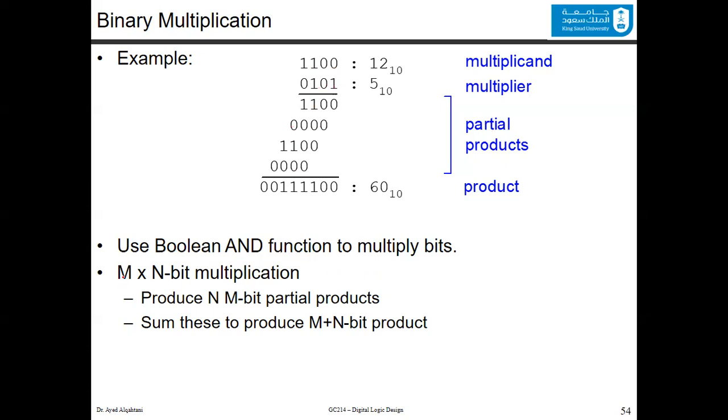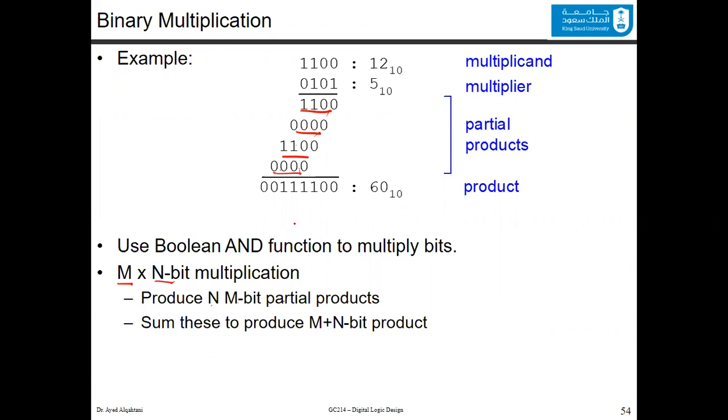Now, you should notice that if you have an m-bit number multiplied by an n-bit number, you produce n partial products, each of m bits. So you have an m-bit, an m-bit, and also m-bit, and there are n count of them.